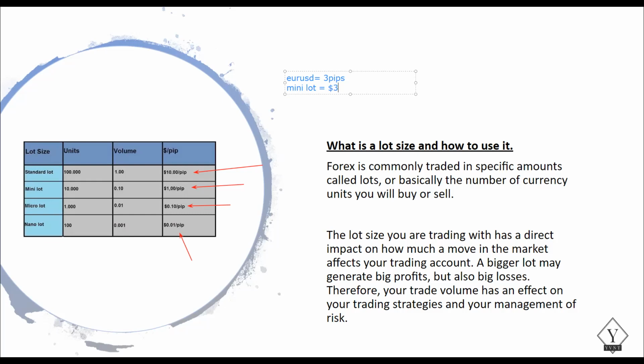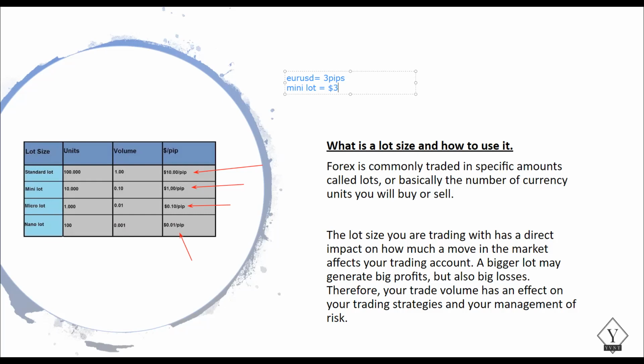So 3 pips, one costs $1, so there's $3 at stake, right? So if you bought and the market went down 3 pips, that means you are negative $3. But if you sold and the market went down, then you are up by $3 in positive, right? So you're in profit of $3.